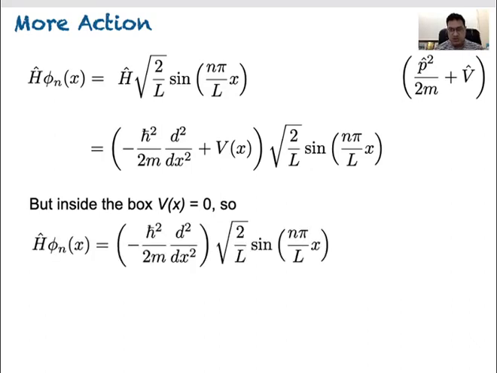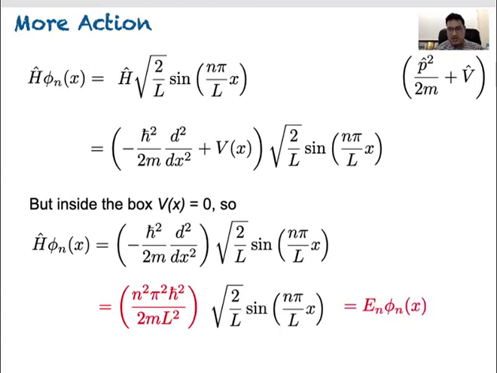Let's do it as follows. When you apply this, it will operate 2 times on the sine function. This is a constant, so it can be taken out. When it operates, it will give you back the sine function with a lot of prefactors, and if you collect all the prefactors, you will see that it is n square pi square h cross square over 2m L square times the function, which remains as it is.